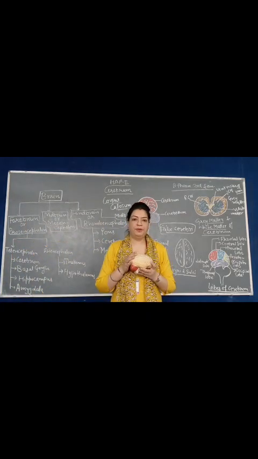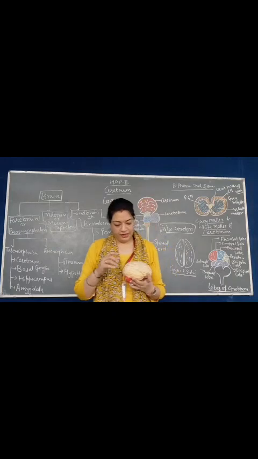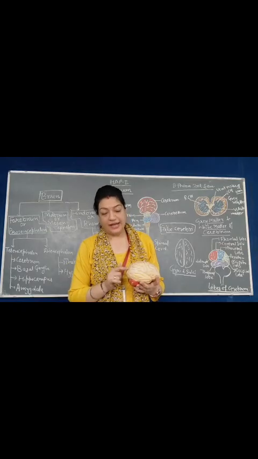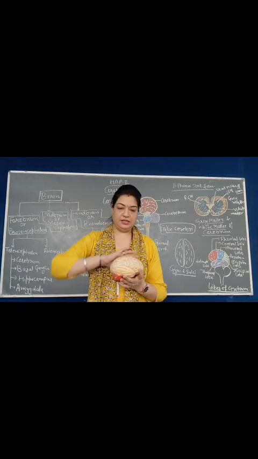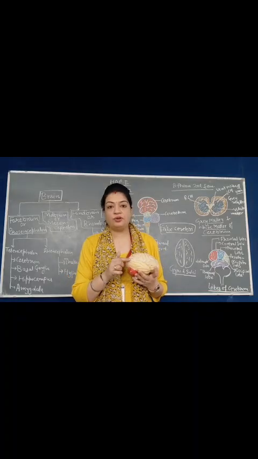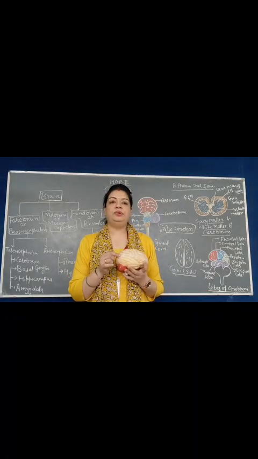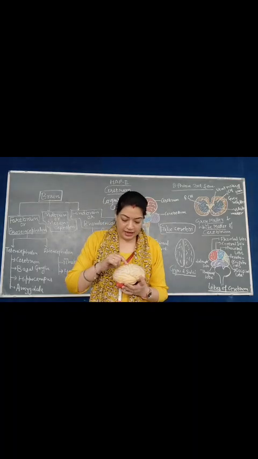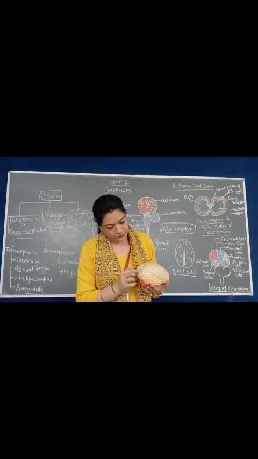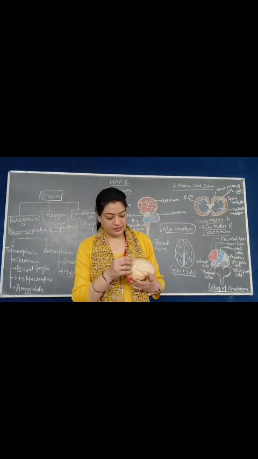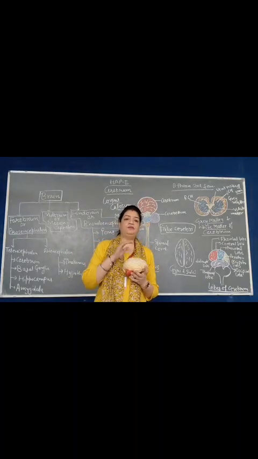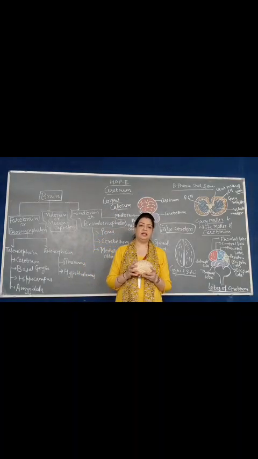This is the model of the brain, and you can see very convoluted ridges, that are known as gyri. And the grooves which you can see here, which divide the gyri, are known as sulci. So what is the function of gyri and sulci in the cerebrum?